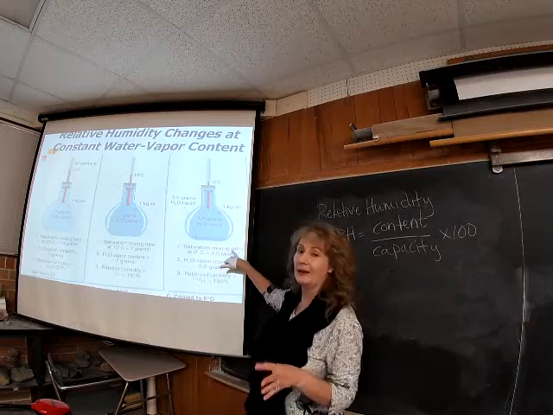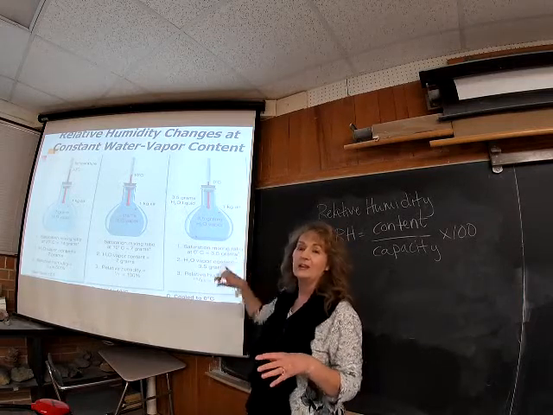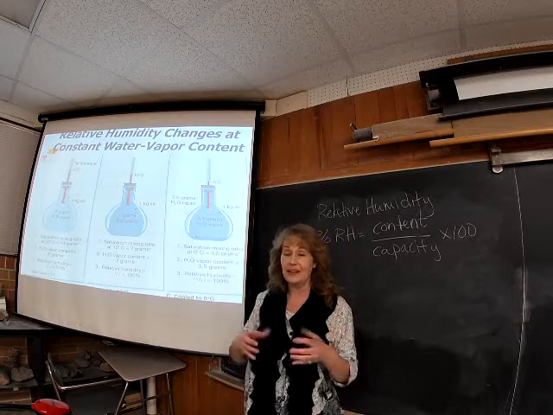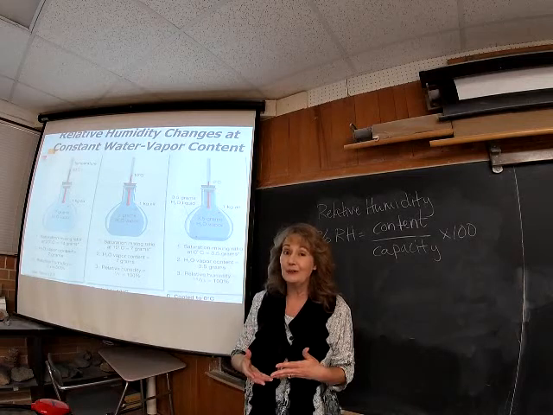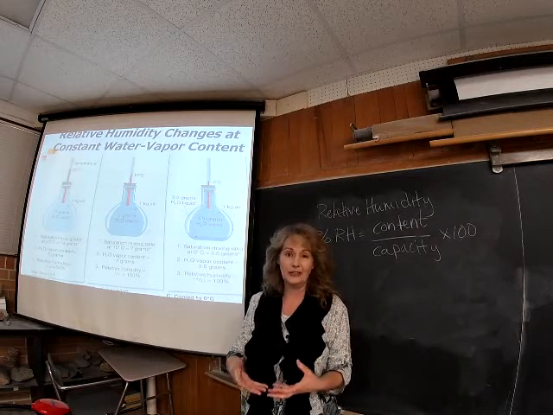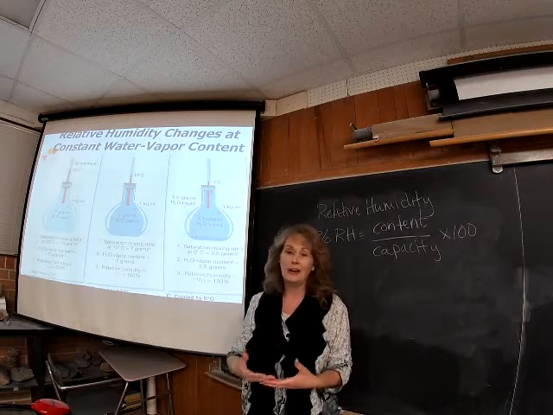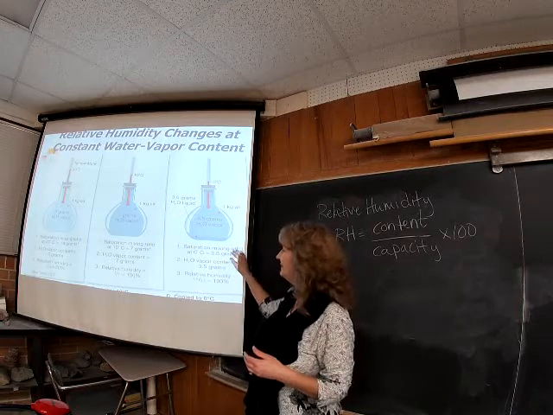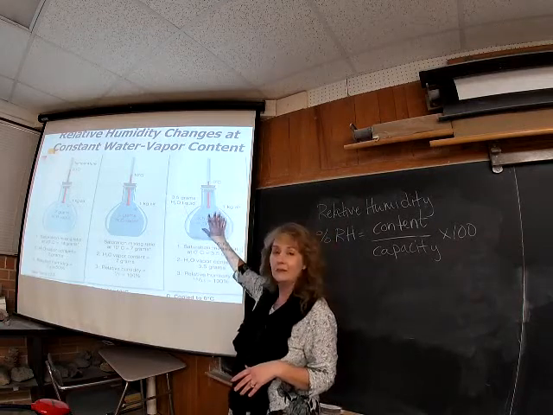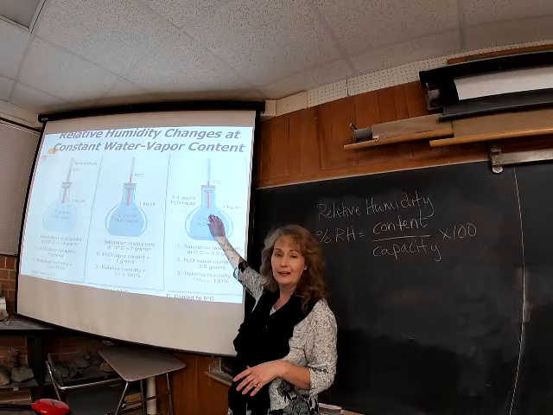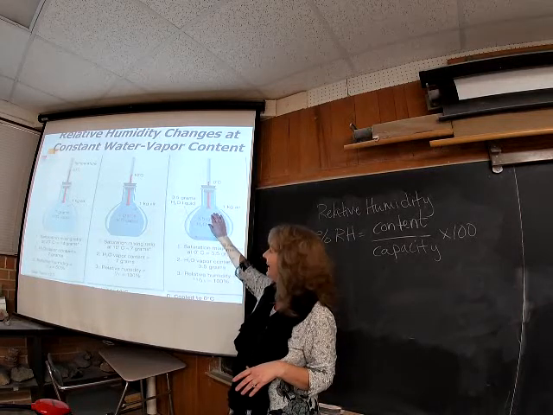So 3.5 grams, that's all it can hold. So if we have 7 and it can only hold 3.5, that means that another 3.5 grams has to condense out. The air cannot hold it. It's saturated. So yeah, you're going to have 3.5 grams of water vapor in the air, okay?